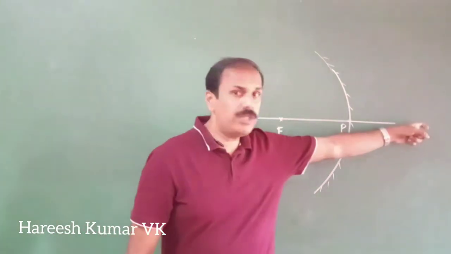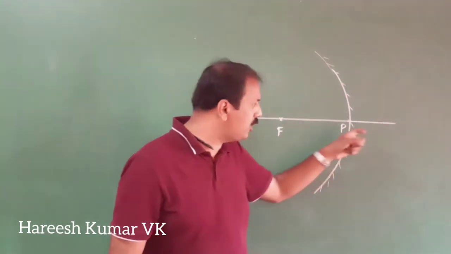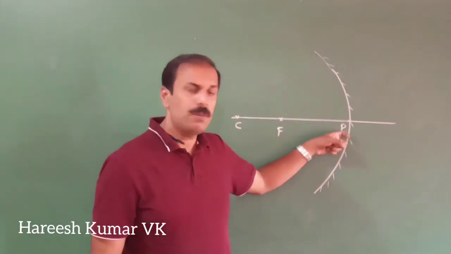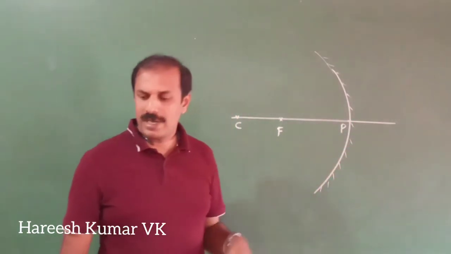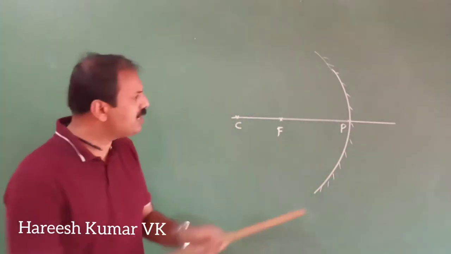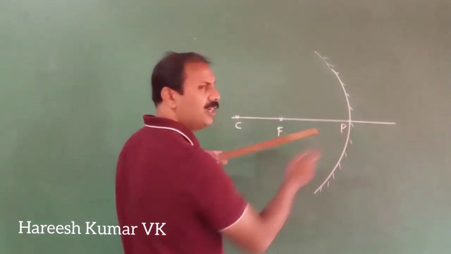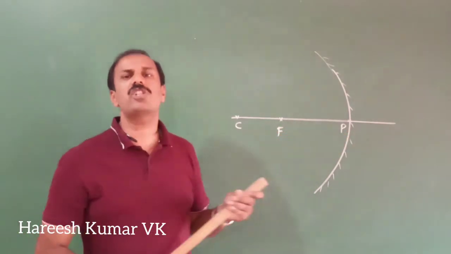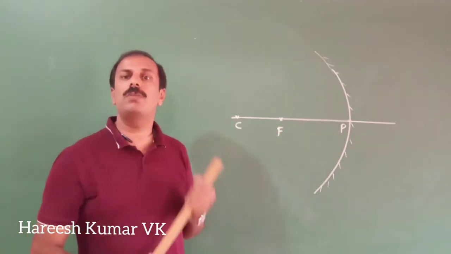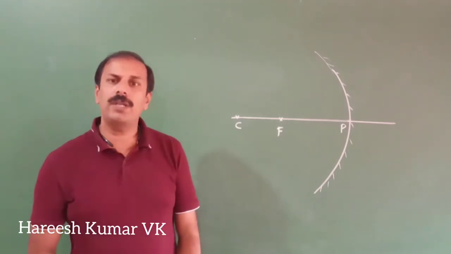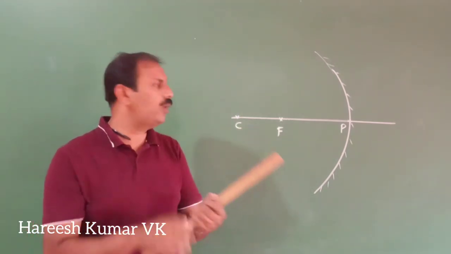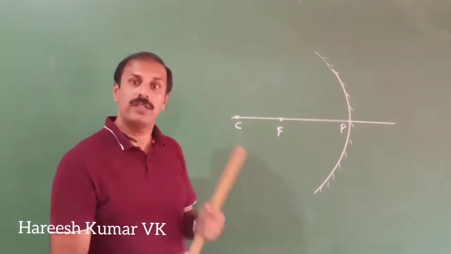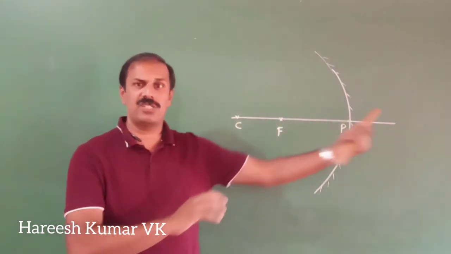If you are measuring to that side, you have to measure from this point to that side. What is the difference between measuring toward this side and that side? Because the direction, when you take positive and negative, there will be a difference. That's why you have to remember that for distance measuring, the starting point is the pole.